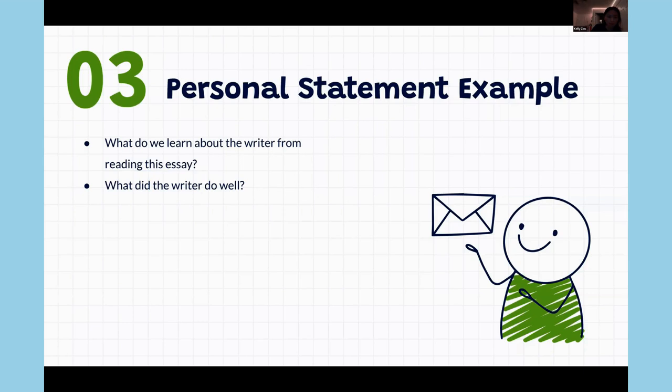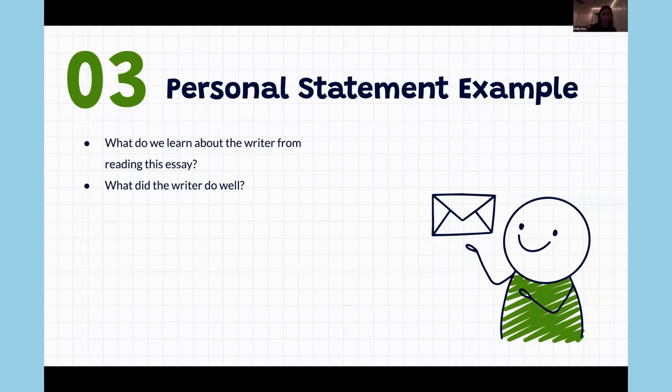Starting off from the beginning, people say that inner beauty matters more than outer beauty. So this person is choosing to start off with a quote or a saying that's really popular. That is a good idea for how you want to start off your first sentence.